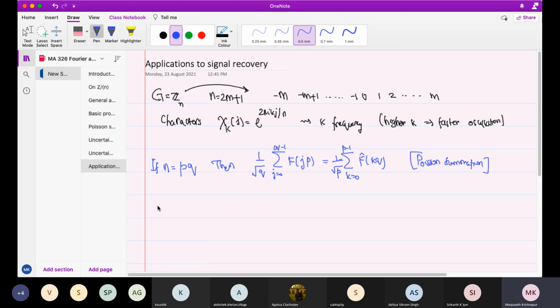Suppose I want g hat of k to be f hat of k plus d. Then what will be the function g?